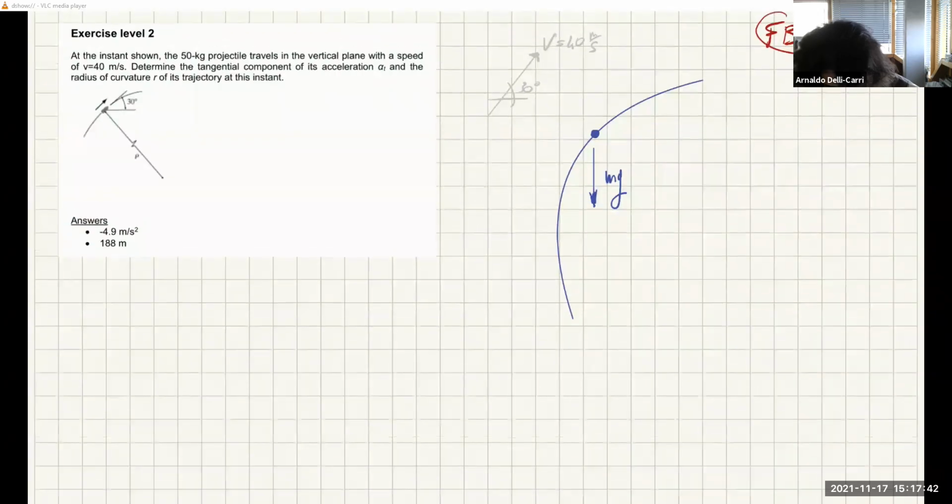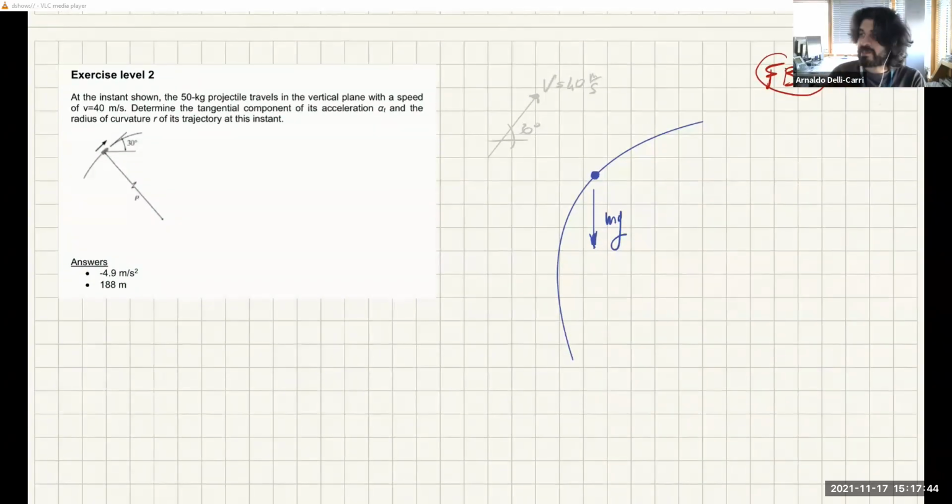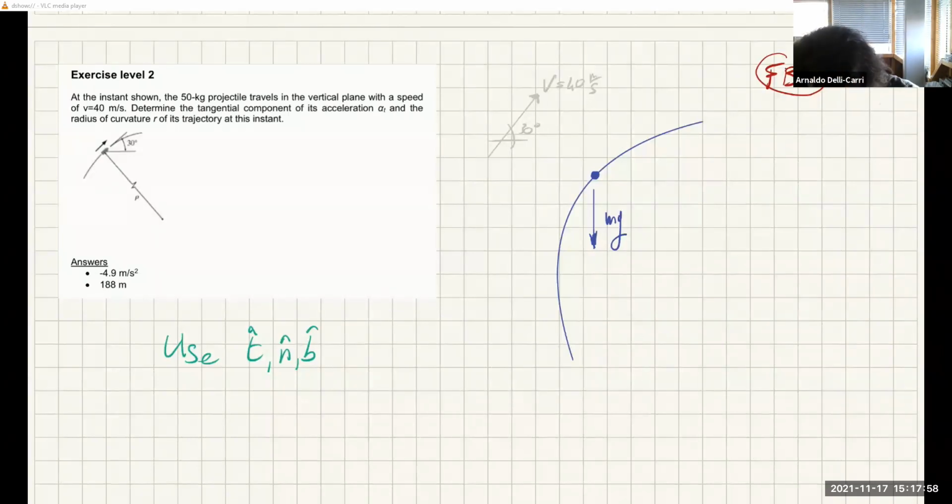Since this is on a curved path as well, we are also using t and n, the inertial frame. In this case, since the projectile is moving in this direction, t is this, tangent.